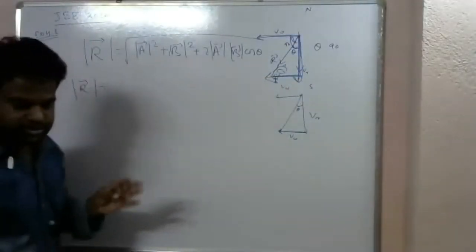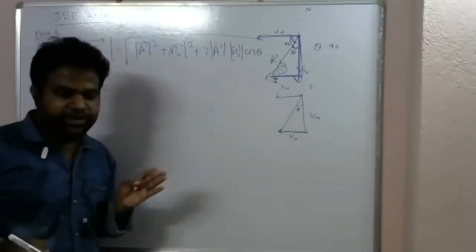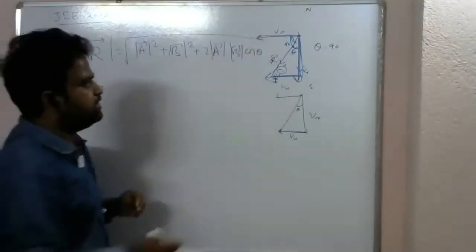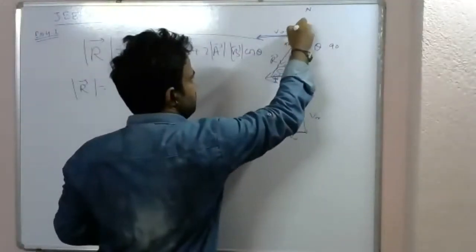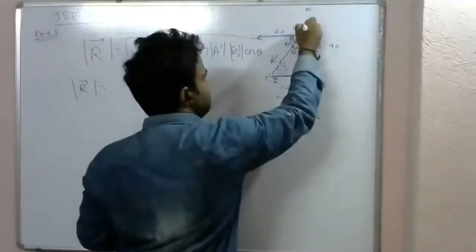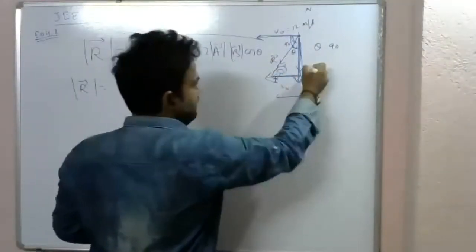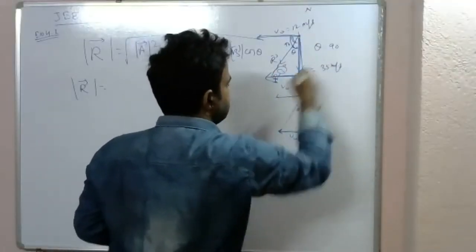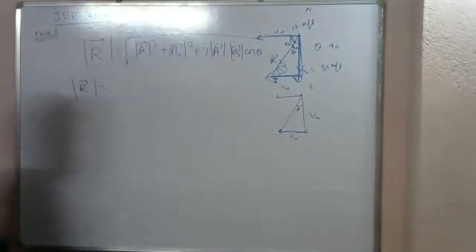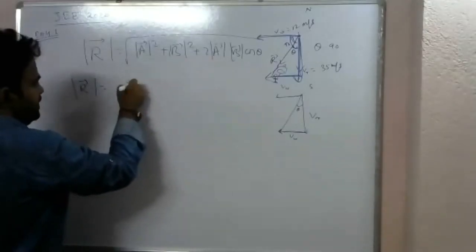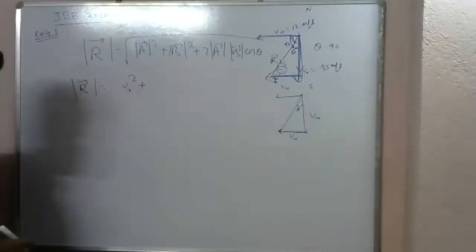In the question itself, it is given that wind is flowing from east to west with a speed of 12 meters per second, and V rain is 35 meters per second. Then what will be your R?